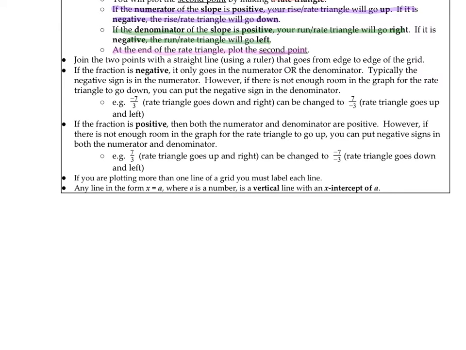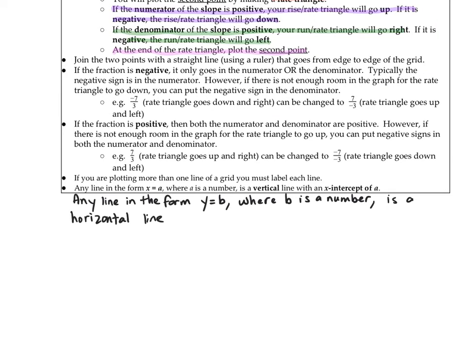I appear to be missing a note. Any line in the form y equals b, where b is a number, is a horizontal line with a y-intercept of b, which is at 0, b.